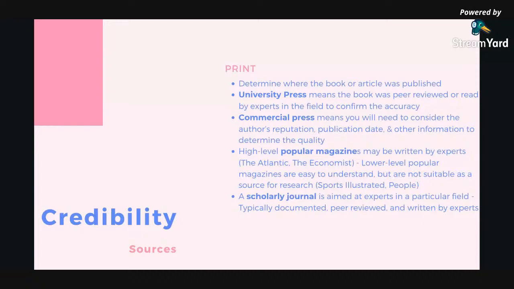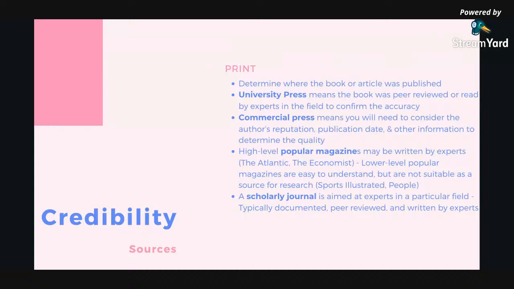If it's a high-level popular magazine, some of those are written by experts, and I give some examples there, The Atlantic and The Economist. But then you also have lower-level popular magazines. They're easy to understand, but they aren't really suitable sources for research, like People Magazine. And also a scholarly journal.